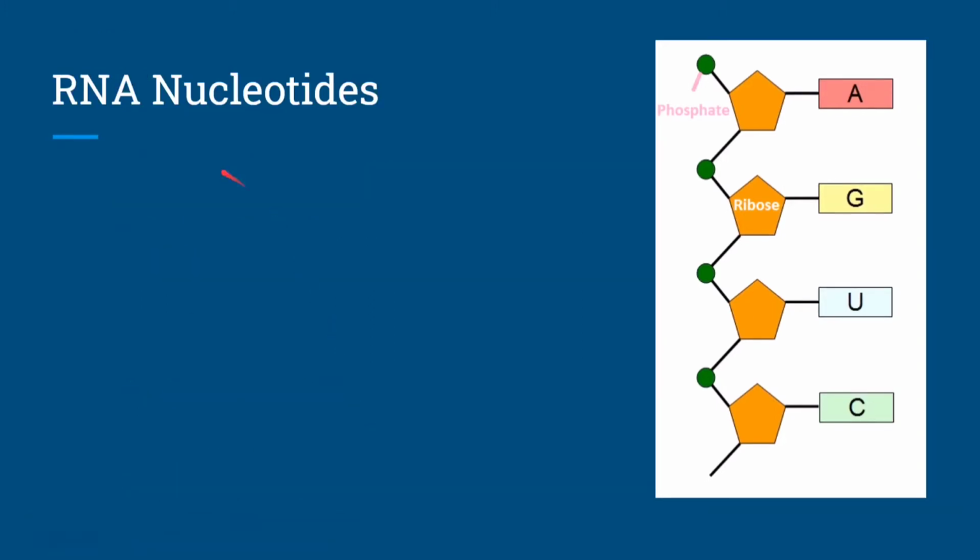So RNA nucleotides. The RNA nucleotides, on their pentose ribose sugar, they have a hydroxyl group on their carbon 2, unlike the DNA nucleotides. And this means that the RNA nucleotides are not deoxy like the DNA.